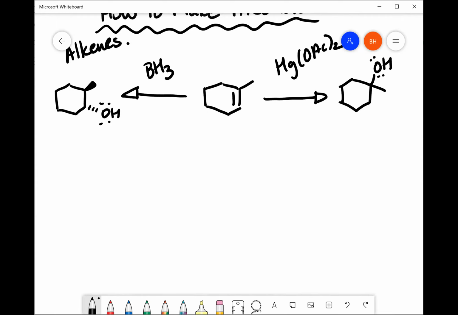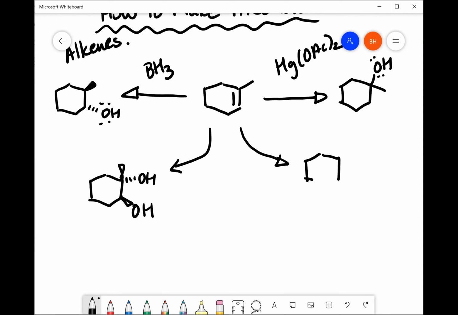Let's see here. We can even make designer alcohols like diols. We know how to make the trans, and we know how to make the cis. So this was the osmium tetroxide route.